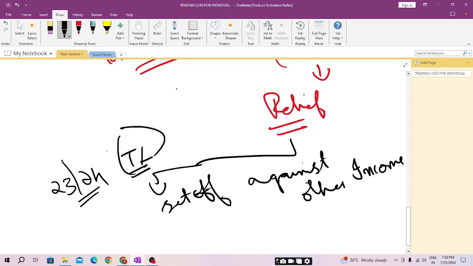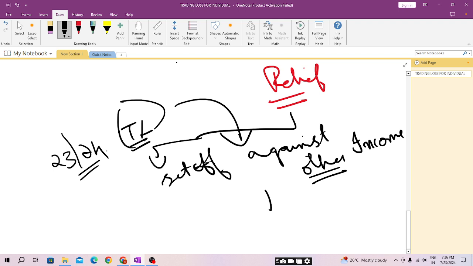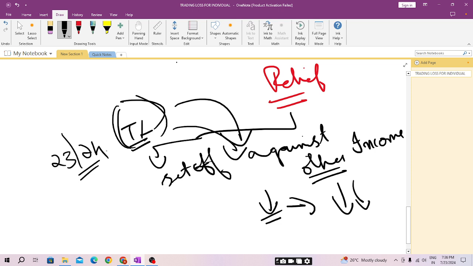This loss figure we can reduce from the other income so that our other income will reduce and the tax on the other income will be low.